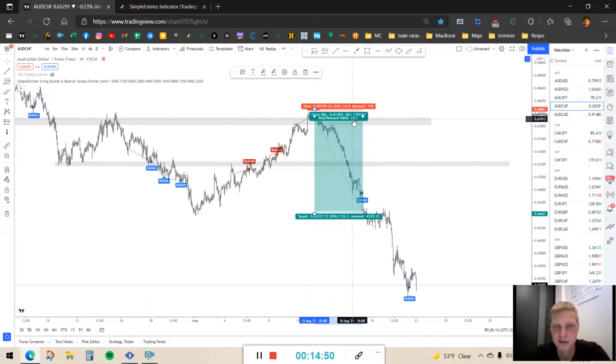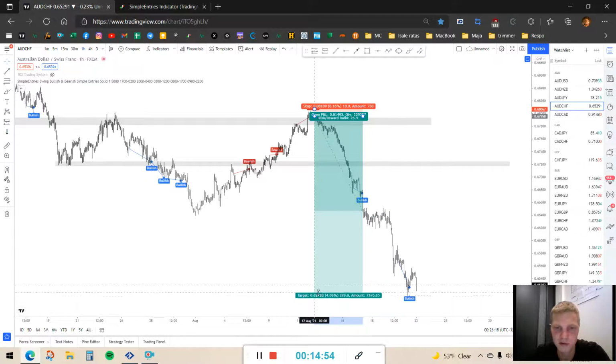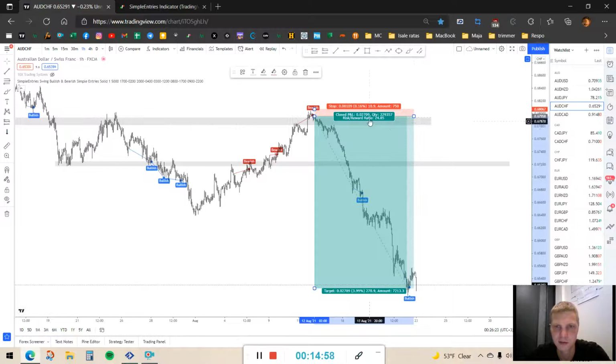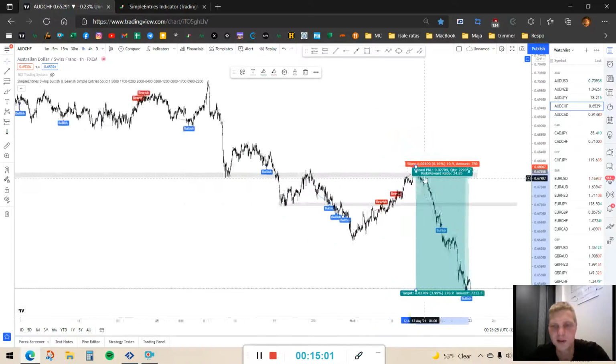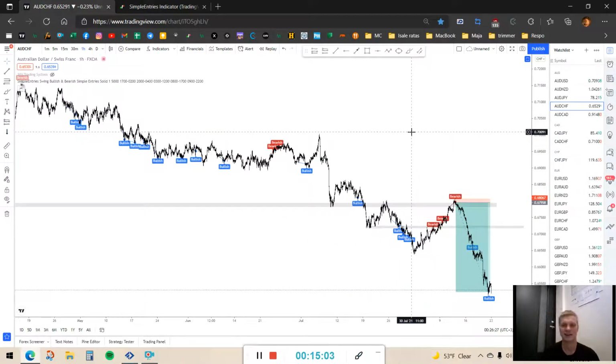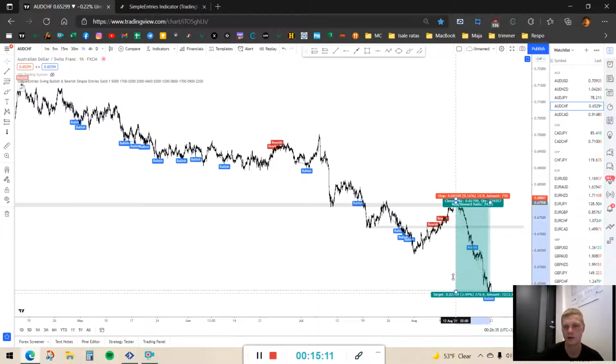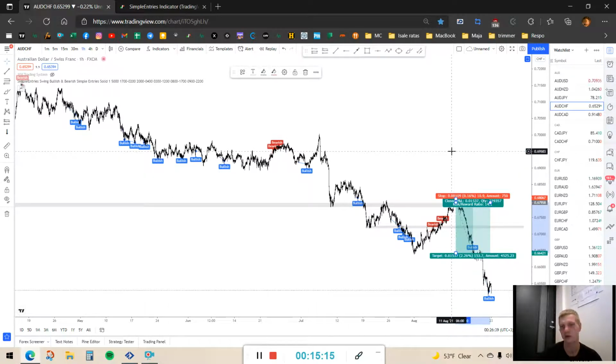So this alone is like 1 to 14. Imagine if you would have left it open. 1 to 24. So 6 bad trades to gain 1 good trade with a 1 to 14 risk reward ratio.